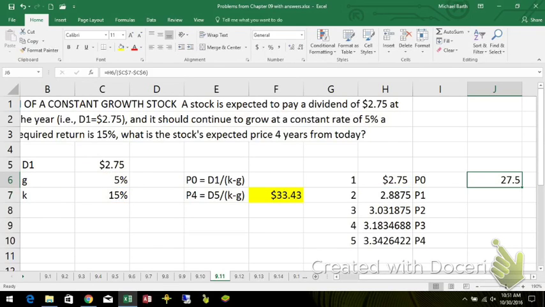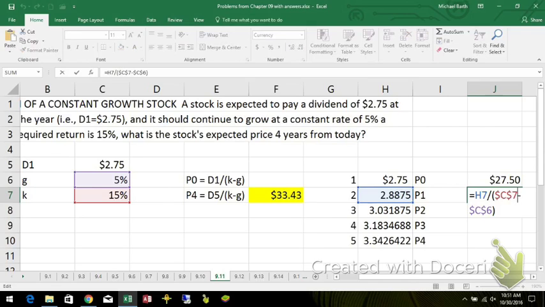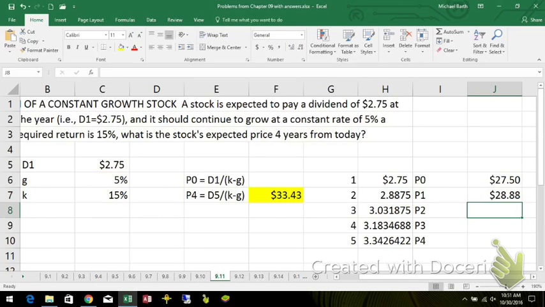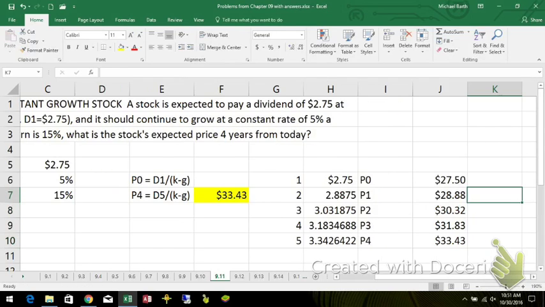So it ought to be worth $27.50 today. $28.88 in a year from now. And so forth.